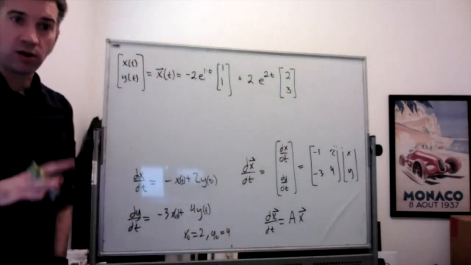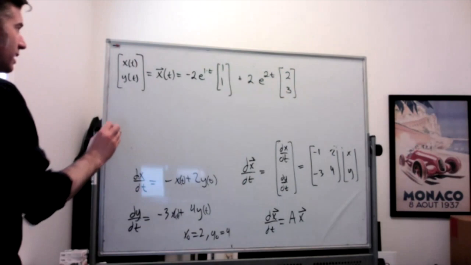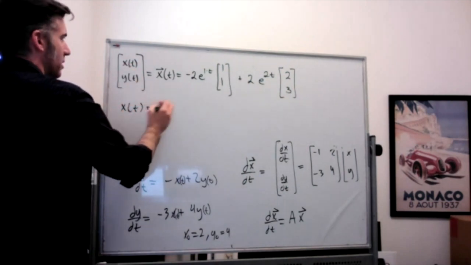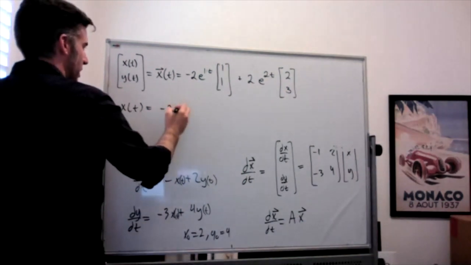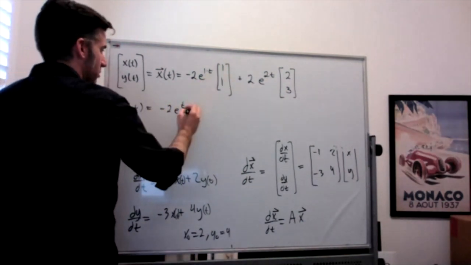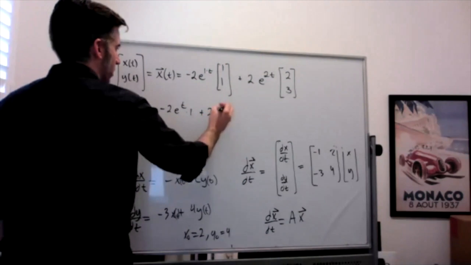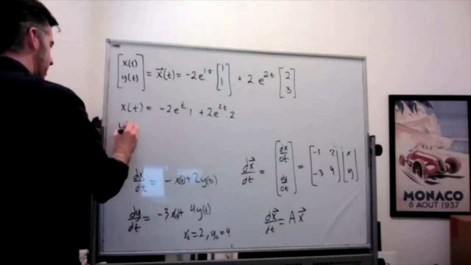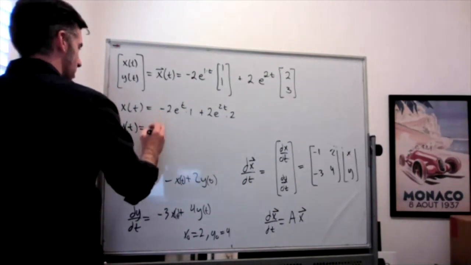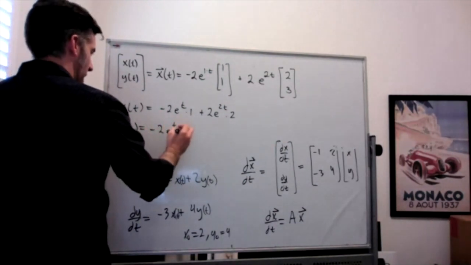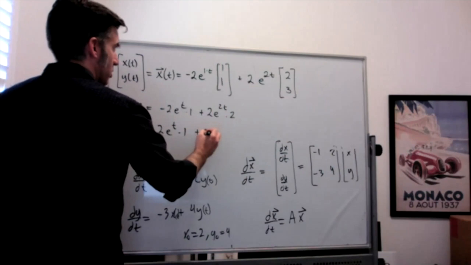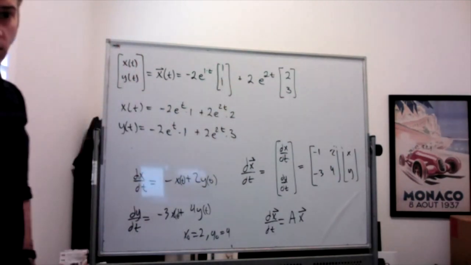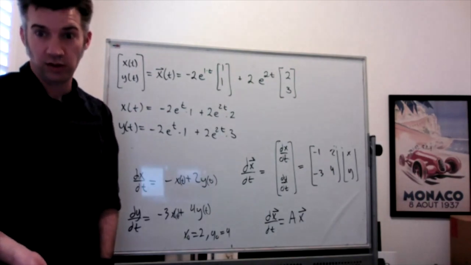To be a little bit more clear, what we're explicitly saying is that little x of t is -2 e to the t times 1 plus 2 e to the 2t times 2. And y of t is -2 e to the t times 1 plus 2 e to the 2t times 3. Those are our solutions to the system of equations.